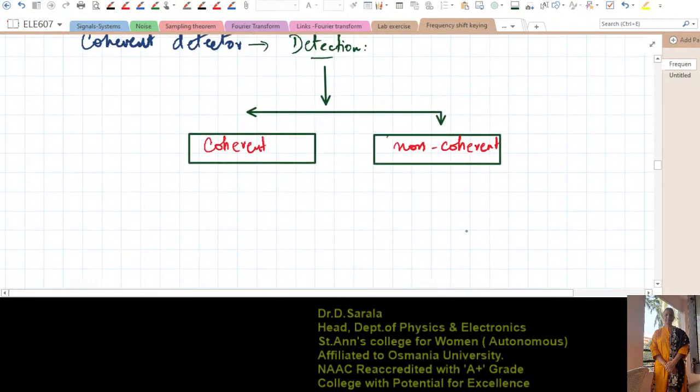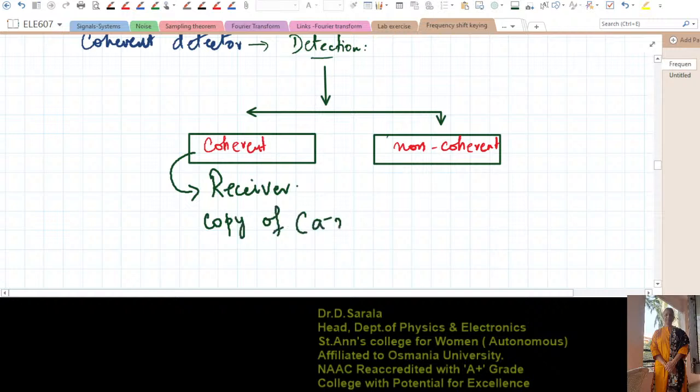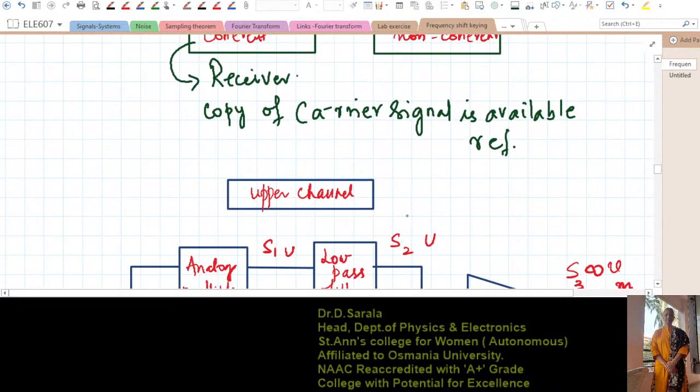Coherent detection assumes that in the receiver a copy of the carrier signal is available as a reference, and when the received signal is passed through this coherent detector, it will be compared with the original carrier signal and accordingly it will be decided.